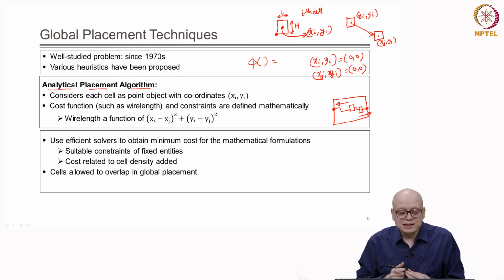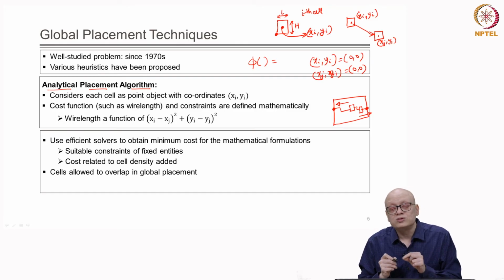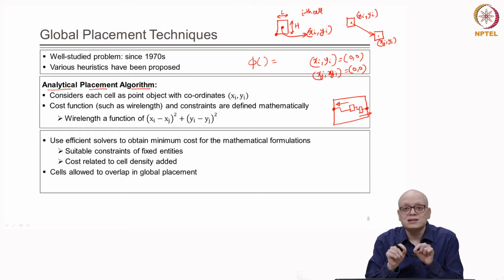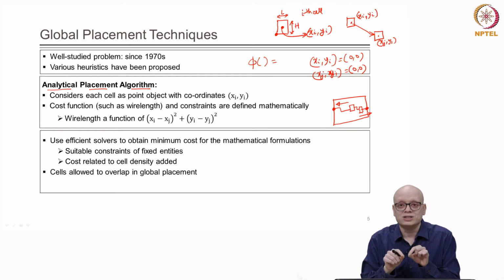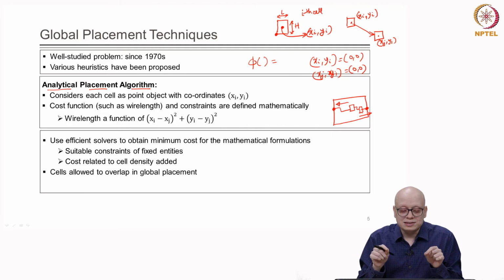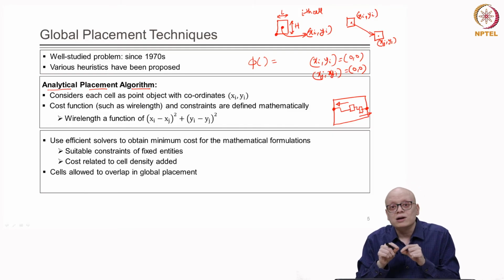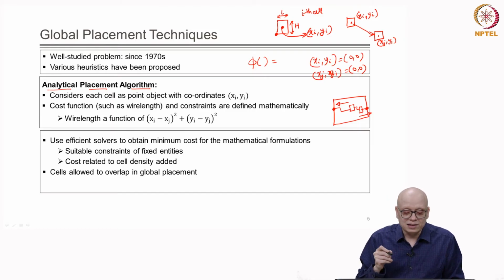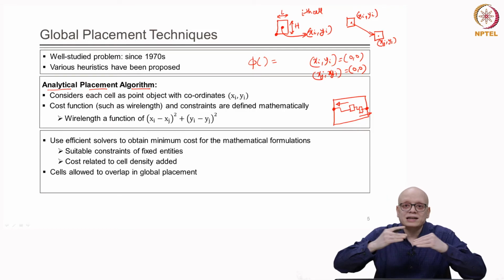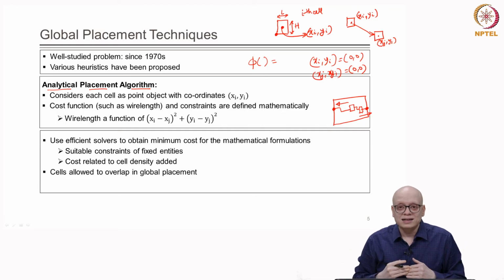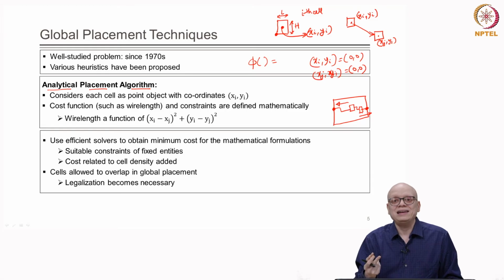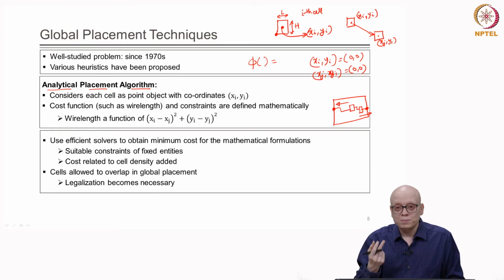Now, during global placement, the cells are allowed to overlap. We are considering cells as point objects. We are not considering their width and height or length in this formulation, and therefore, there can be overlaps between the cells, and therefore, legalization becomes necessary after doing global placement.